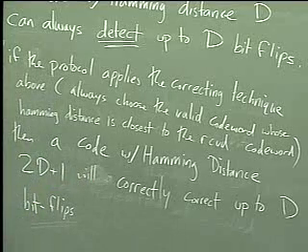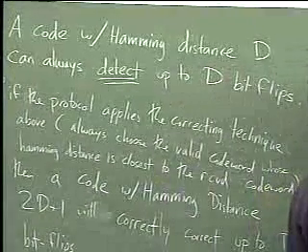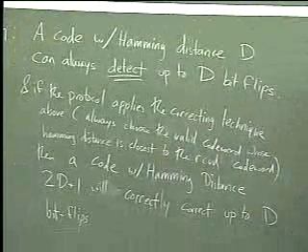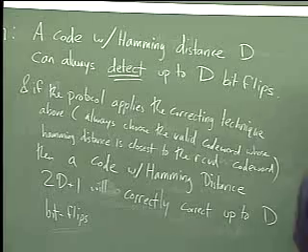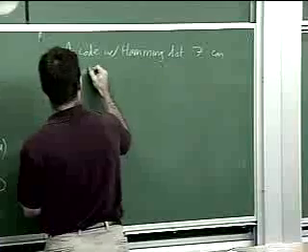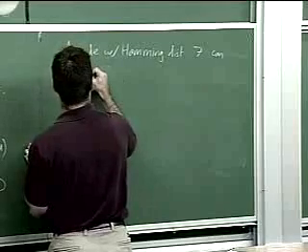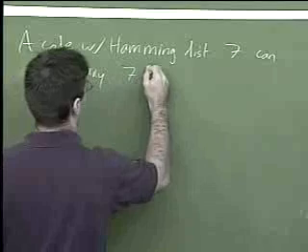So a code with Hamming distance 7 can detect any 7-bit flips.